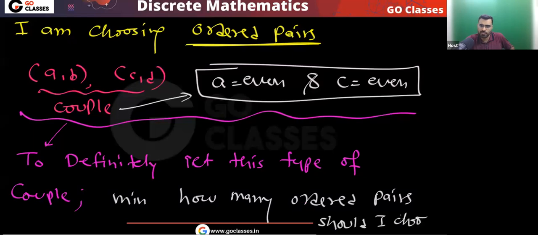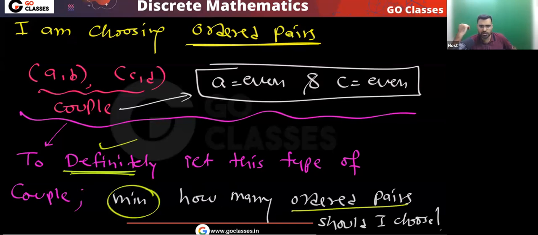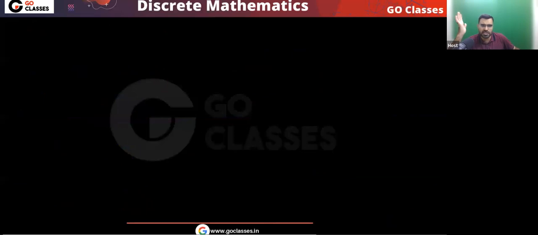I want a couple where A is even and C is also even. So what is the best strategy? The best strategy is to prevent it, to make sure this type of couple is not there.